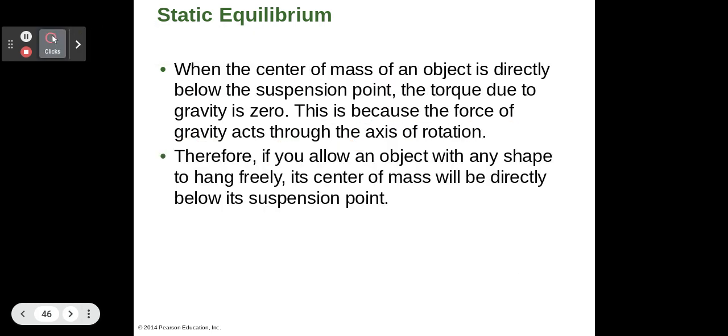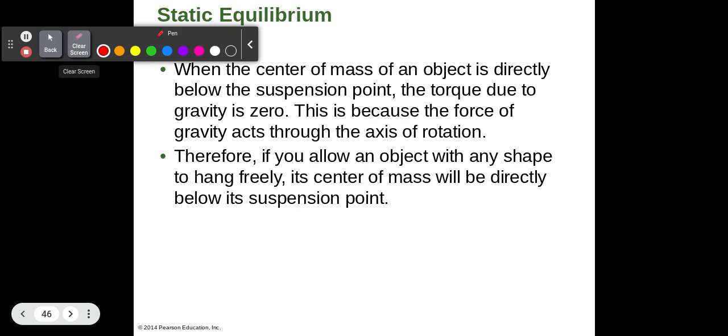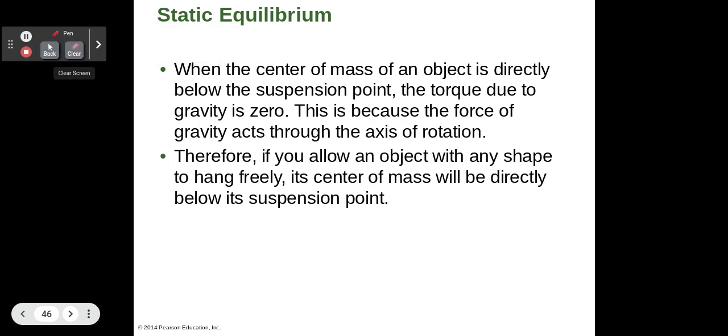With that said, we can also find the center of mass by looking at the suspension point. If we can suspend an object and have it not rotate, then the torque due to gravity is zero when the center of mass of the object is directly below the suspension point.